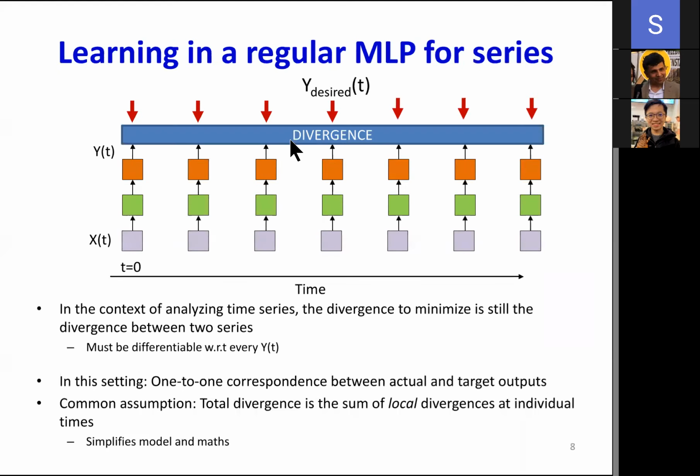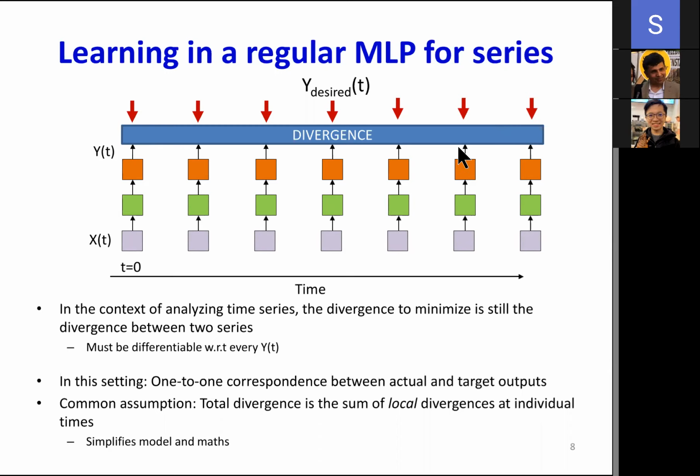Nonetheless, you can still use this to model sequences. So I could have a sequence of inputs, and the result would be a sequence of outputs. I could now define a desired sequence of outputs, and I could define a divergence between two sequences. In this case, the fact that you're dealing with sequences gets captured entirely by the divergence between two sequences.